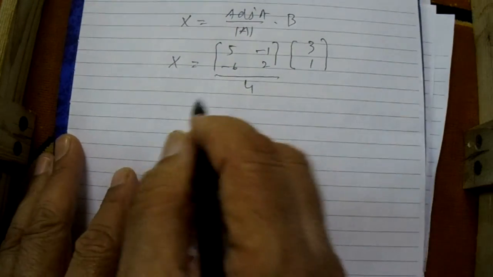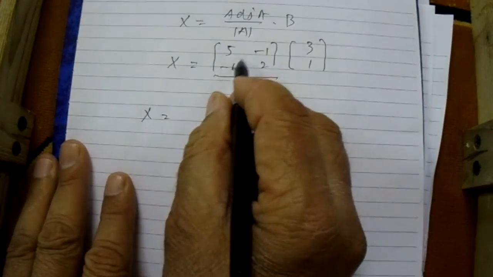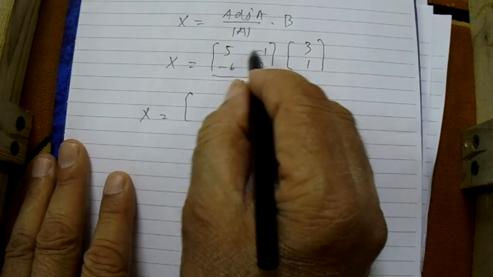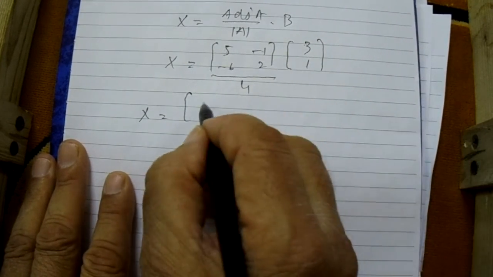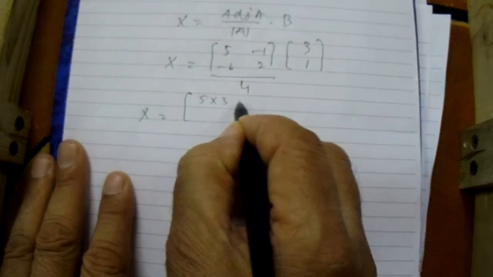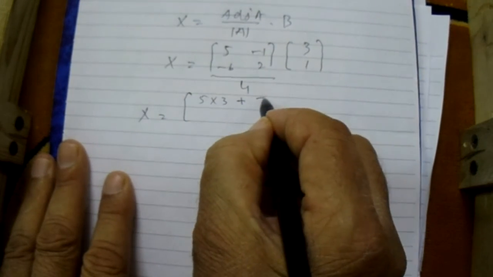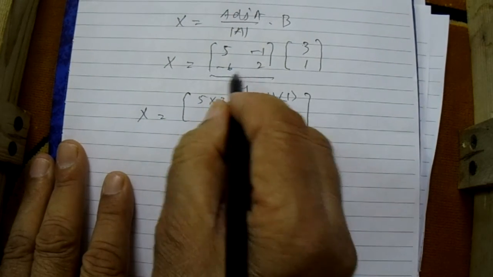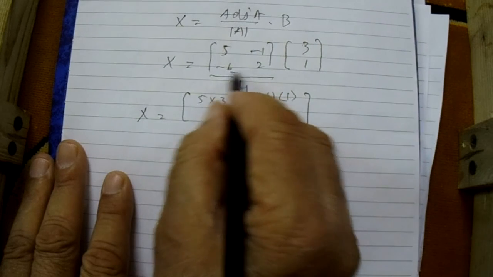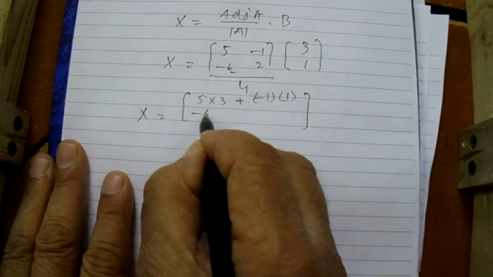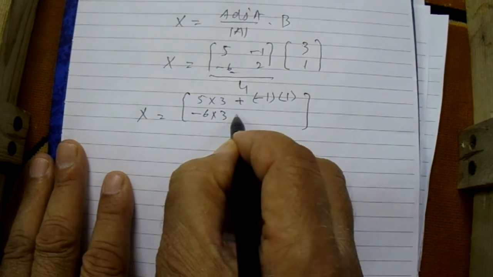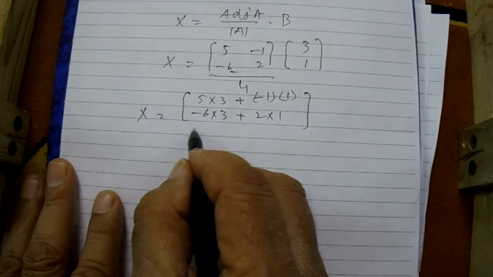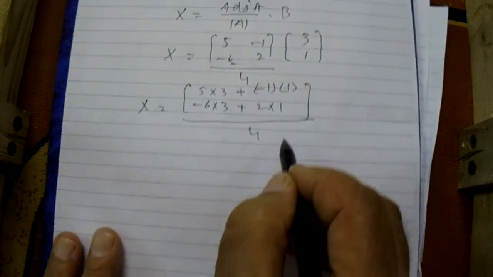Now we multiply: 5 multiplied by 3 plus minus 1 multiplied by 1, and in the second row minus 6 multiplied by 3 plus 2 multiplied by 1, and in the denominator we write 4.